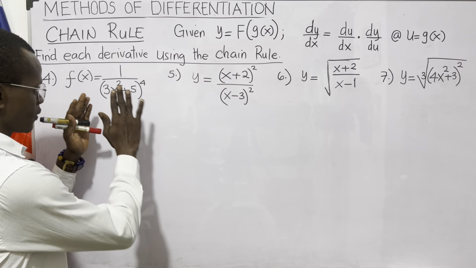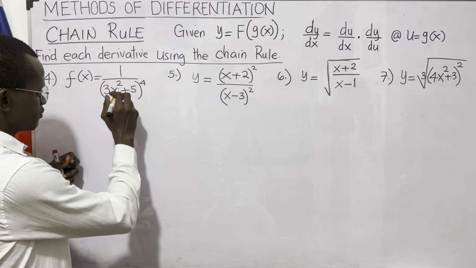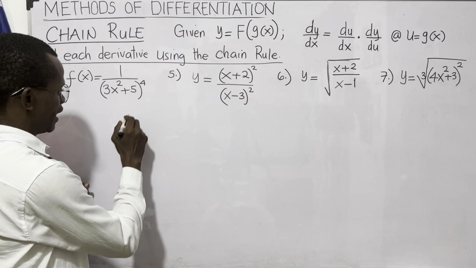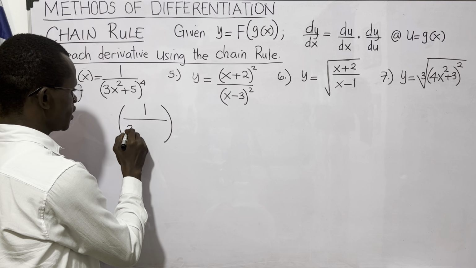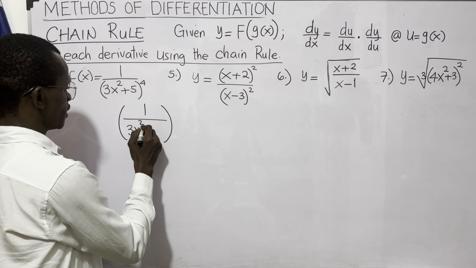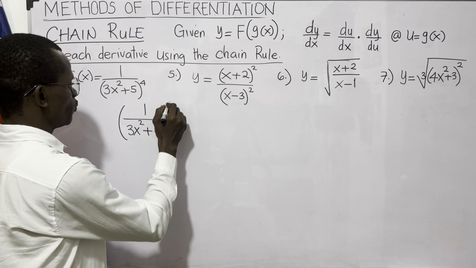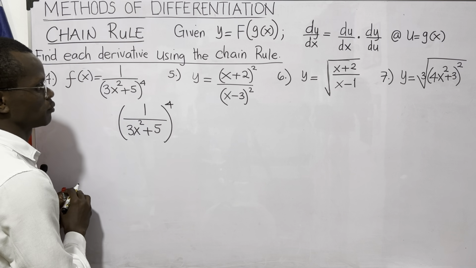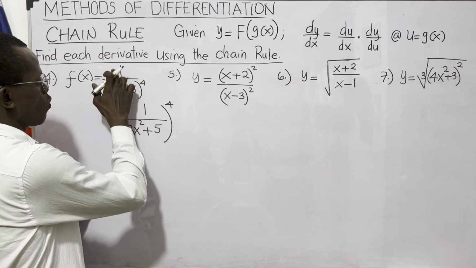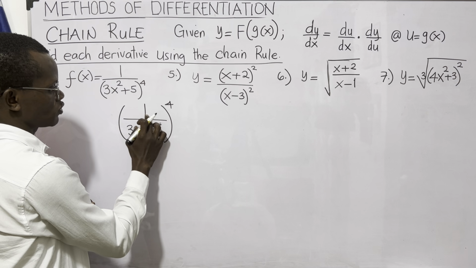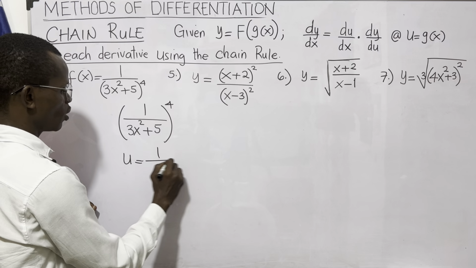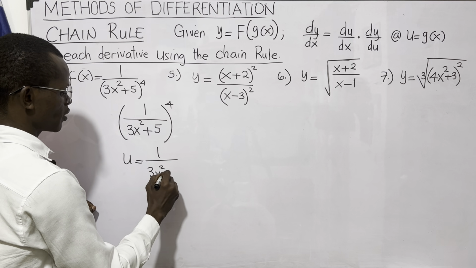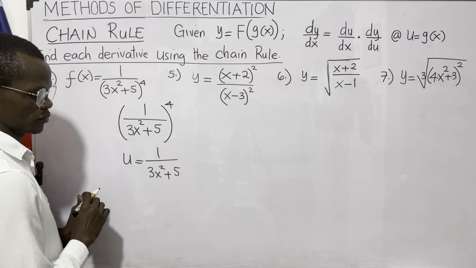So what am I saying? Look at this problem. We can rewrite this problem as 1 all over 3x squared plus 5, raised to the fourth power, because we know that 1 raised to the fourth power is the same 1. So we can rewrite it like this. Then our u can be 1 all over 3x squared plus 5.